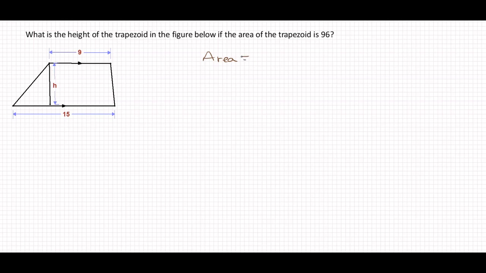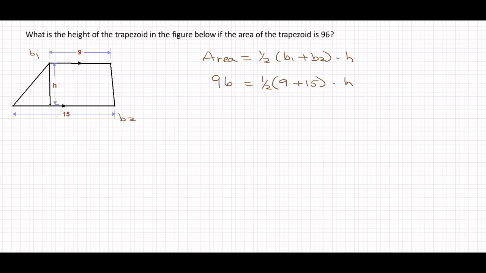So the area is 1/2 B1 plus B2 multiplied by H. Here is our B1, here's our B2, and we have our H missing. So the area is 96 is equal to 1/2 B1 is 9 and B2 is 15, and we're looking for the height.